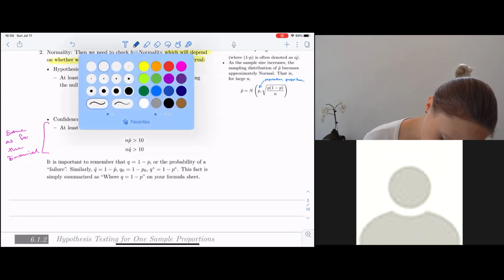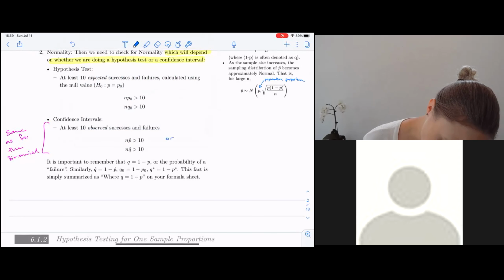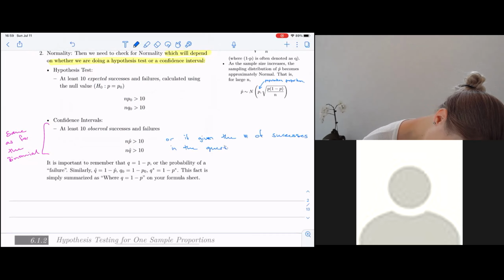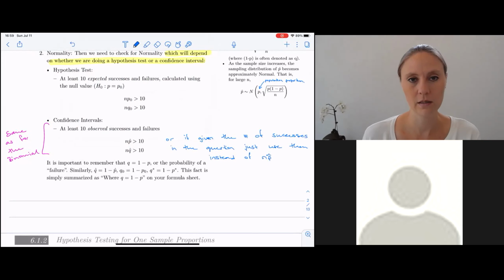Or if given the number of successes in the question, just use them instead of n times p hat, right?